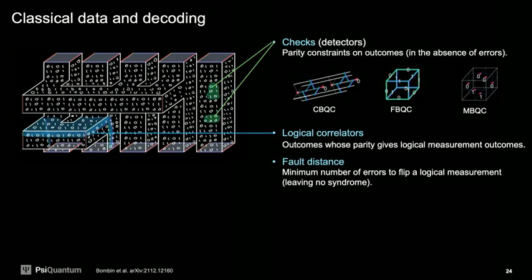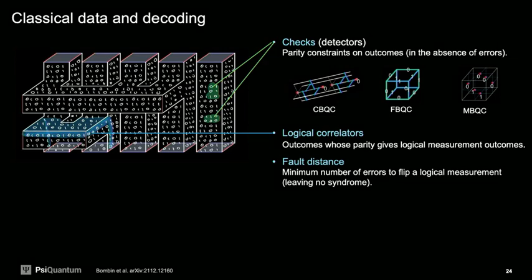This data is very important, as I already said, and it's our window into the computation. There are two important properties. There are the checks, which are parity constraints: in the absence of error, there are certain parity constraints on the measurements because you're doing the measurements redundantly. And then when you see an outcome that you don't expect, that signals the location or the presence of some error.